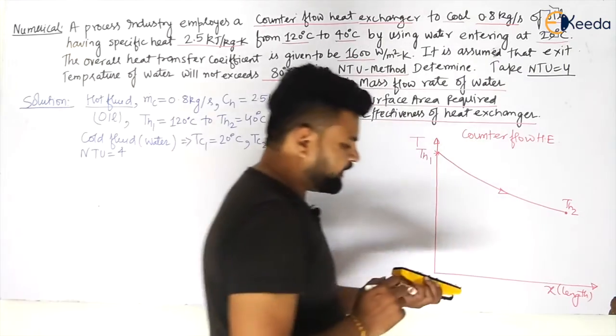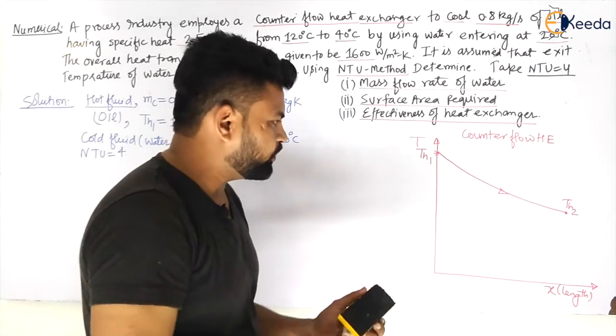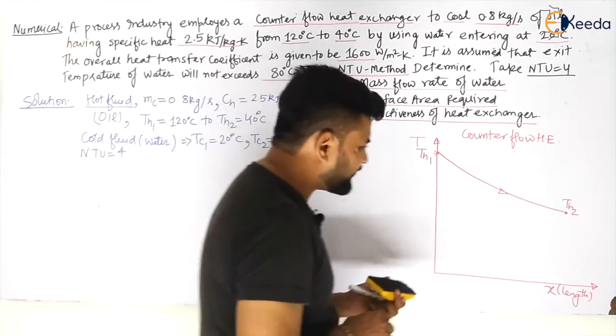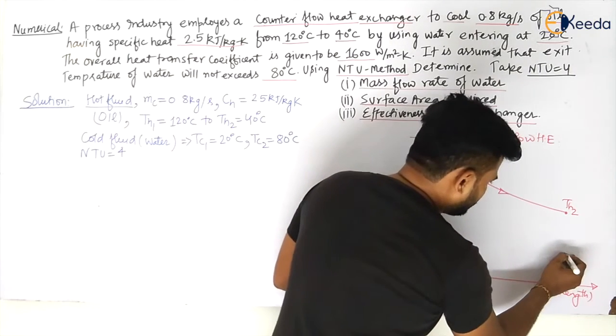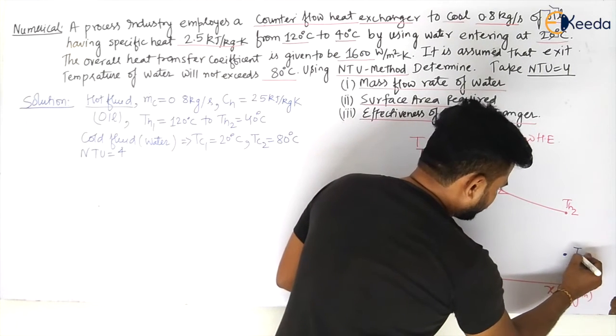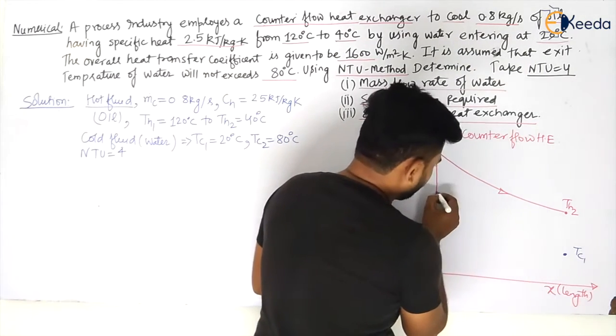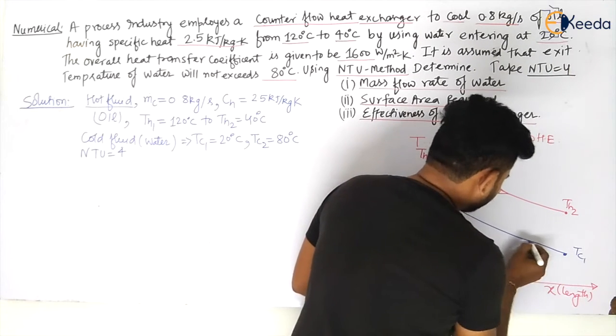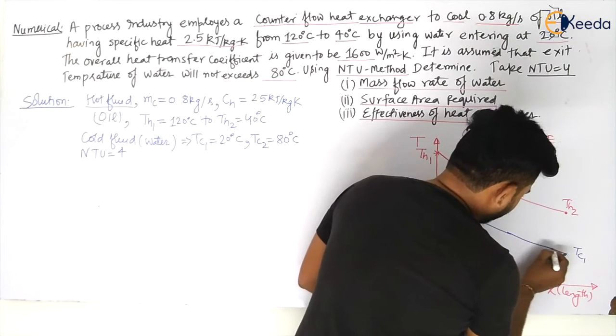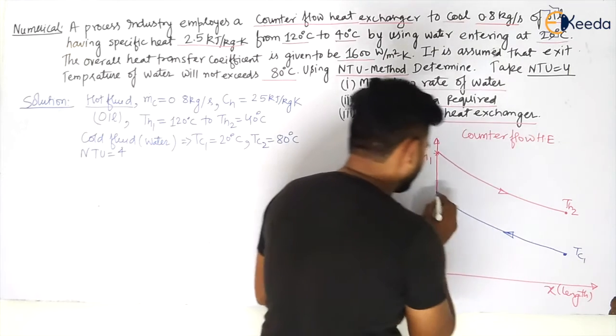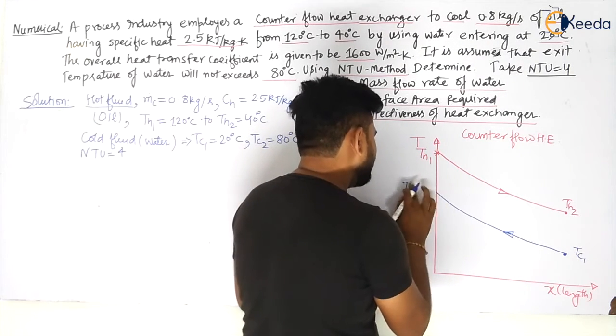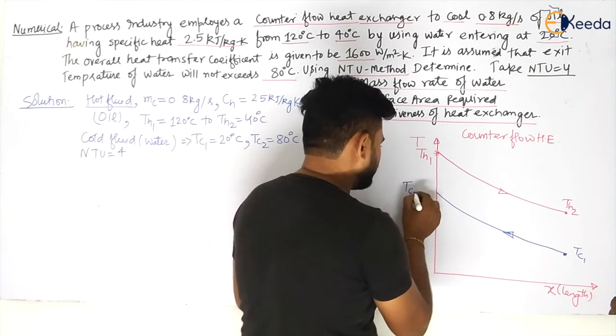Now the cold fluid is doing what? The cold fluid is taking its heat from TC1 to, let us take, it is starting from TC1 to this point. In which direction, my dear students? In the opposite direction, because it is a counter flow case. So this will be your TC2, my dear students.